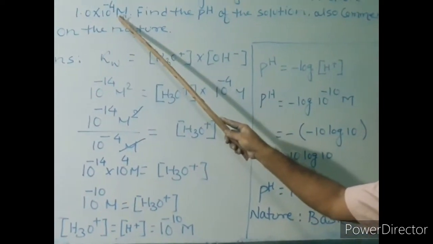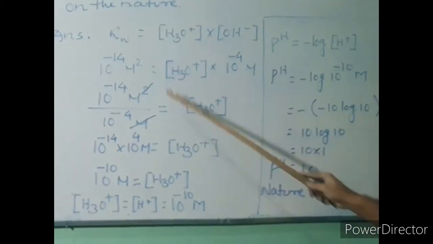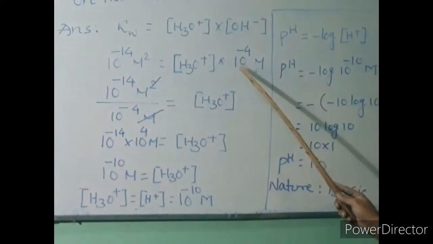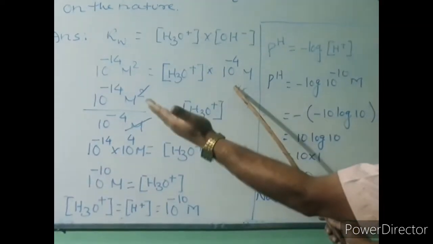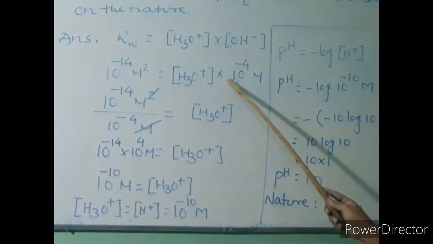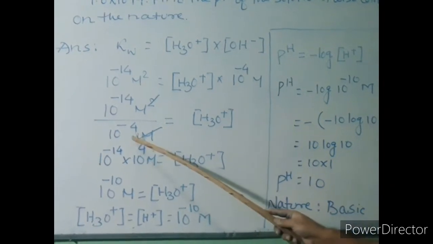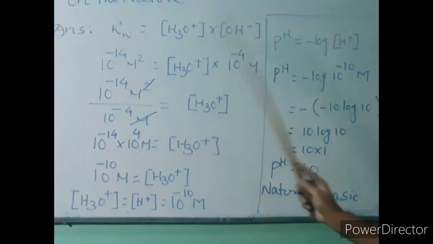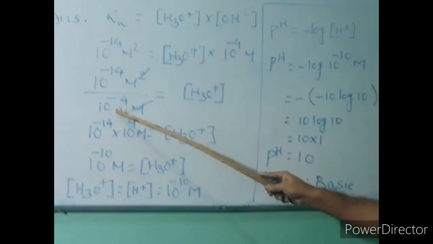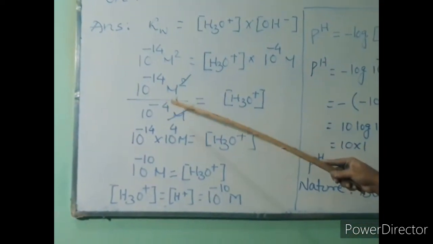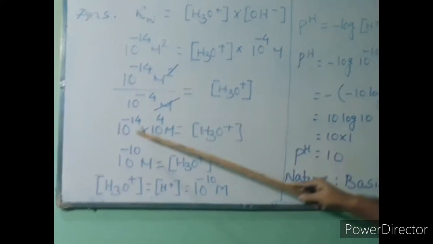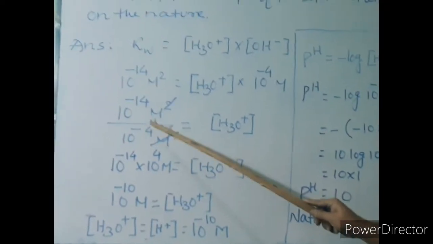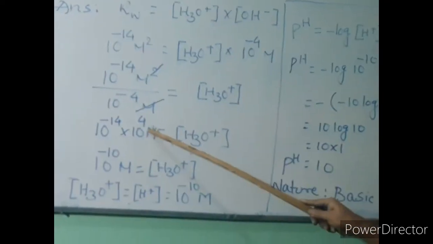In the next step, send this 10 to the power minus 4 molarity to the left hand side. It is multiplied, so it will divide. Molarity cancels. Now 10 to the power minus 4 in the denominator, bring it up to the numerator, and it becomes 10 to the power 4.